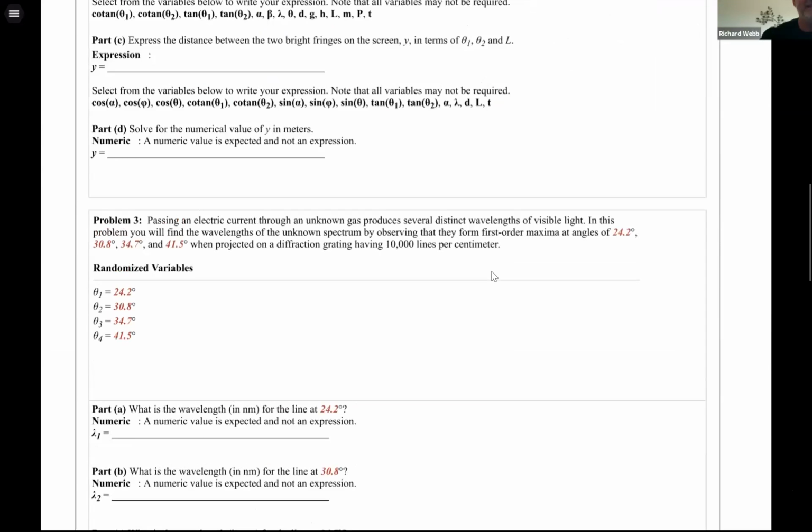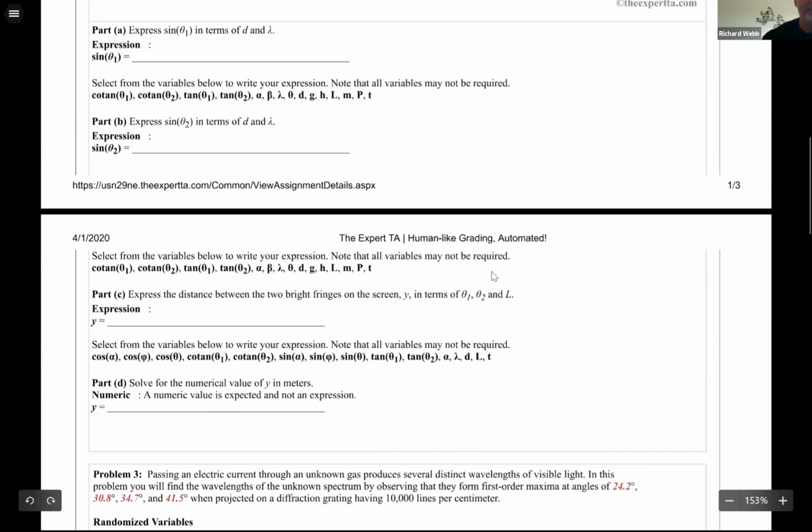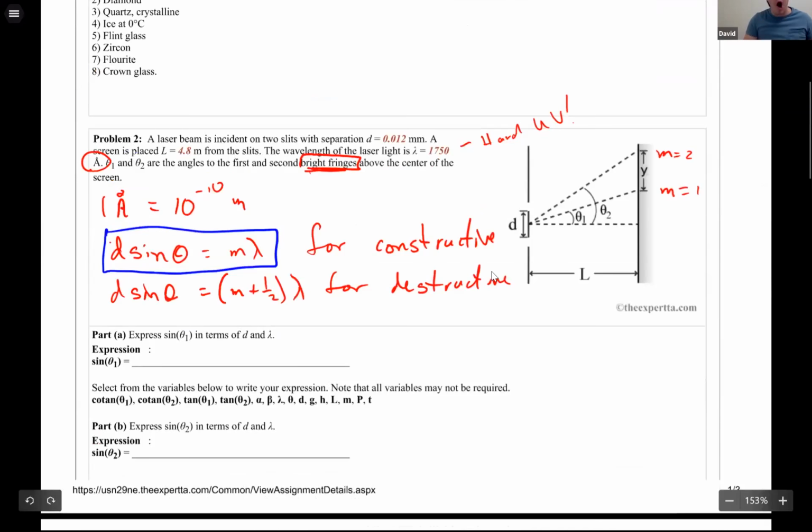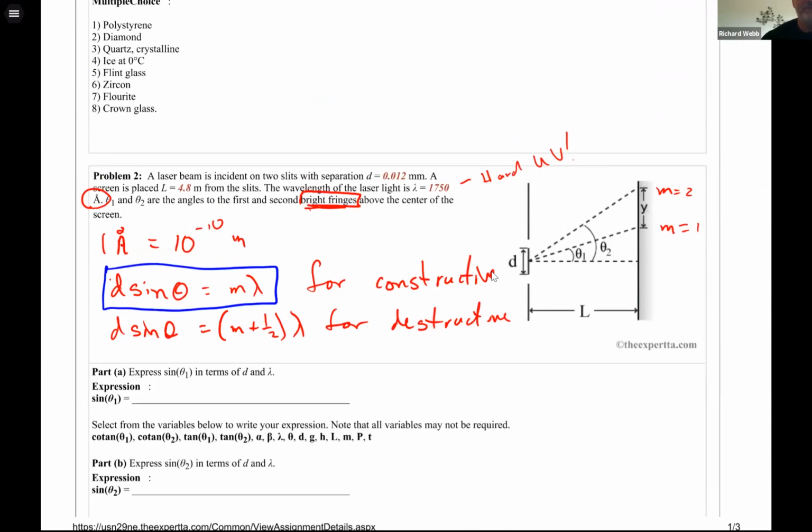Now down to part C. Express the distance between the 2 bright fringes on the screen in terms of θ1, θ2, L. So now we have to do some geometry work. If we take θ1, L is that side of a triangle, and Y1 is that side of the triangle.